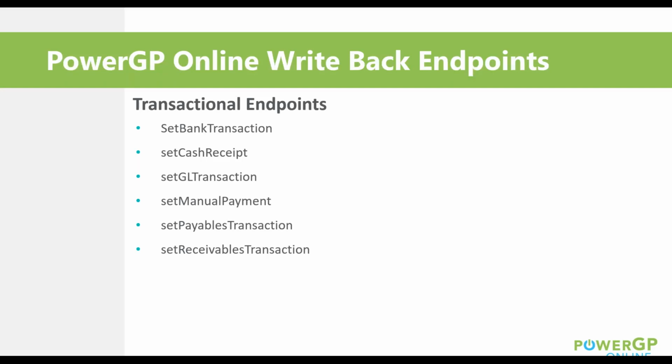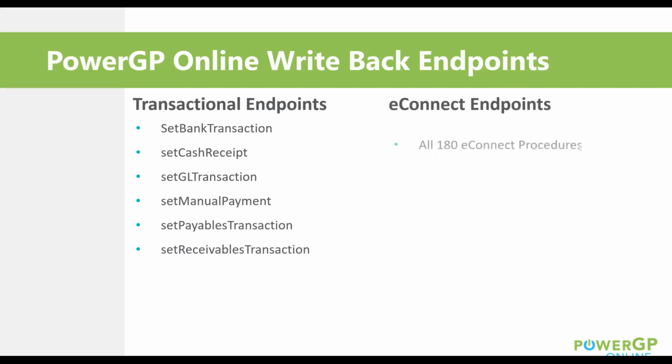So I showed you the set GL transaction, the set payables transaction. We've also got bank transactions, cash receipts, manual payments, which is AP, and receivables transactions. We're working on others to really try to simplify them, but these are the ones that we have out today.